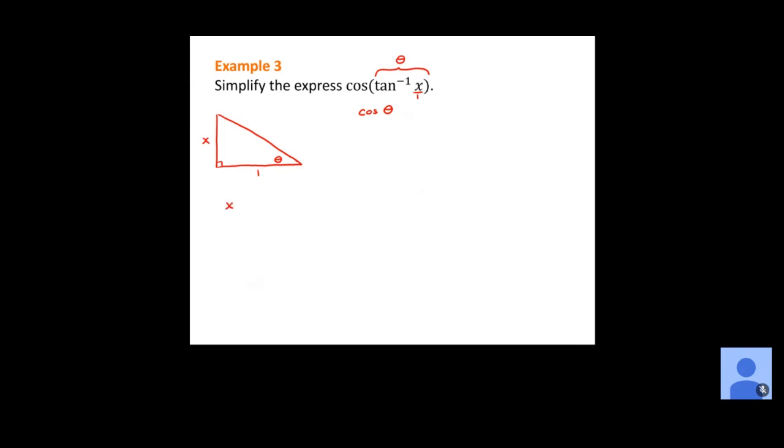So we get x squared plus 1 squared equals c squared. In this case, 1 squared is just 1, so x squared plus 1. And then we can take the square root. So the square root of x squared plus 1 is c. Don't try to simplify this. There's addition inside the square root, so you can't split it up. So the hypotenuse here is just the square root of x squared plus 1.